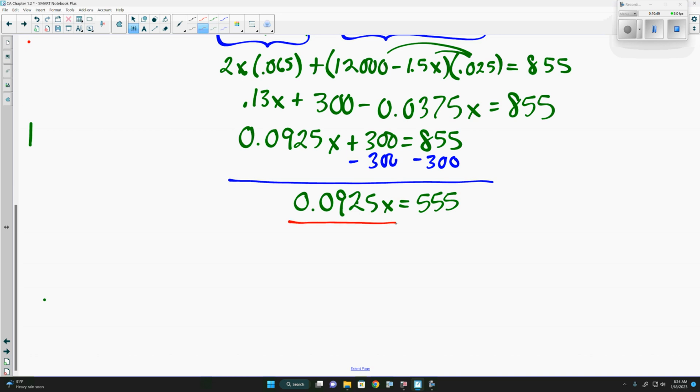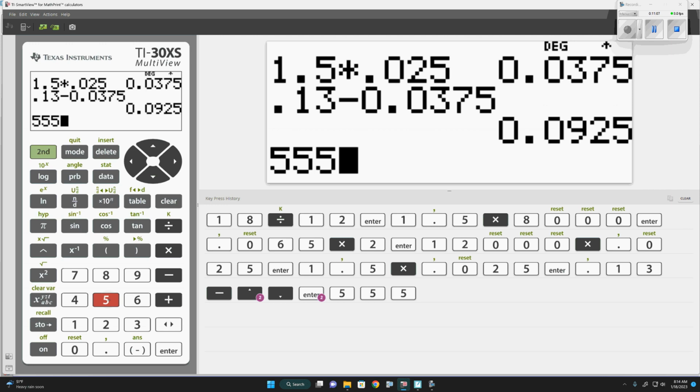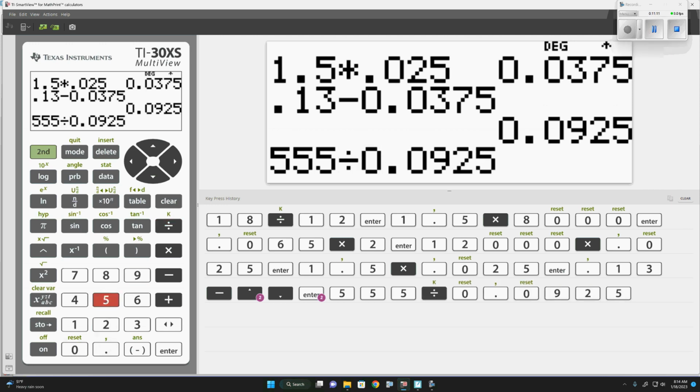And last but not least, we're going to divide 555 by 0.0925, which will get x by itself. So 555 divided by 0.0925, which interestingly enough gives us a nice 6,000.